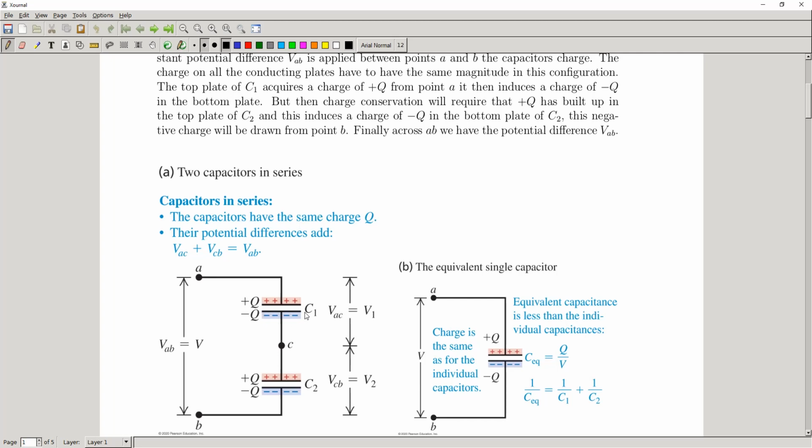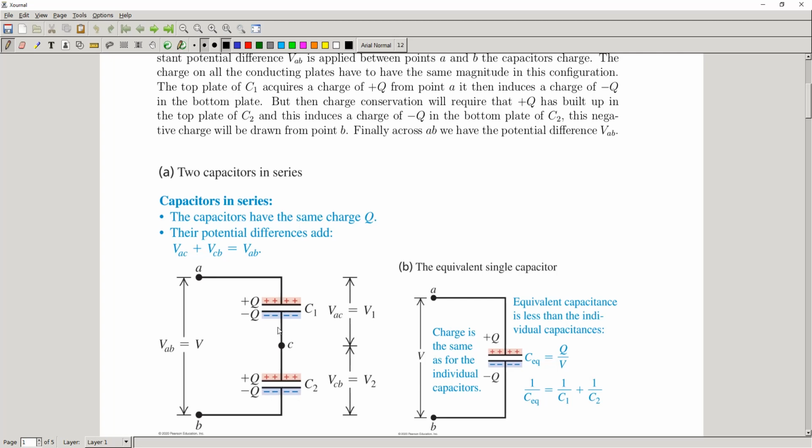But if we induce a negative charge in our bottom plate, this whole chunk here is just one chunk of conductor, so we need charge conservation. We need no net charge to be present here, and so we're going to cause a buildup of positive charge on the top plate of our bottom capacitor. When we pick up this positive charge on the top plate of capacitor 2, it induces a negative charge in the bottom plate.